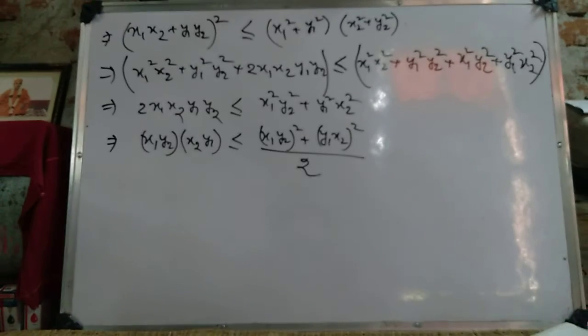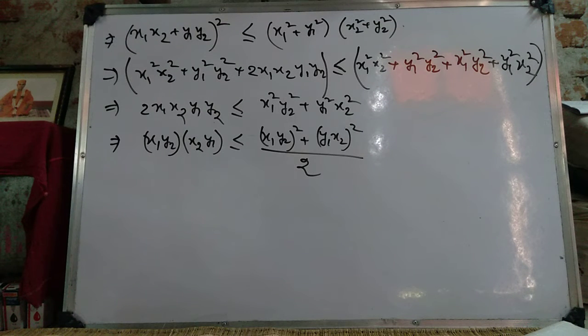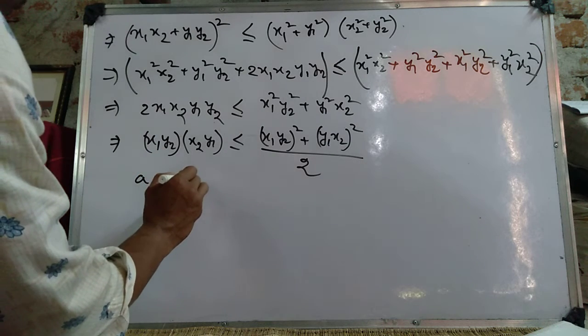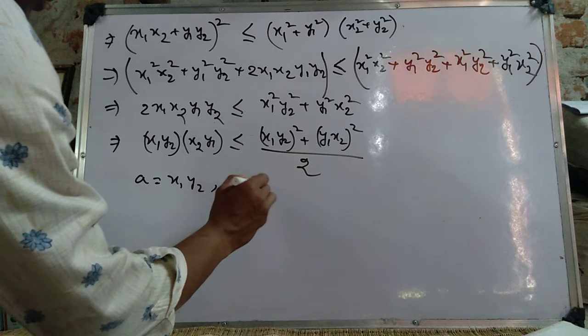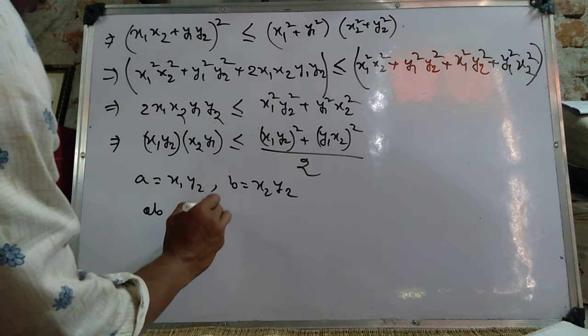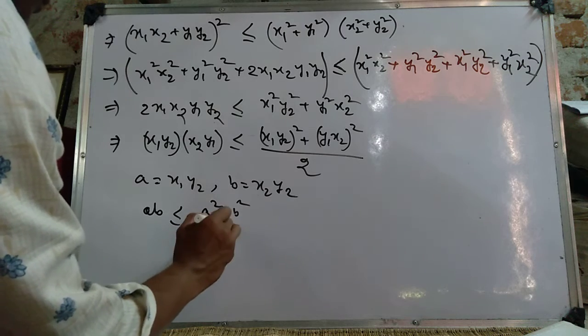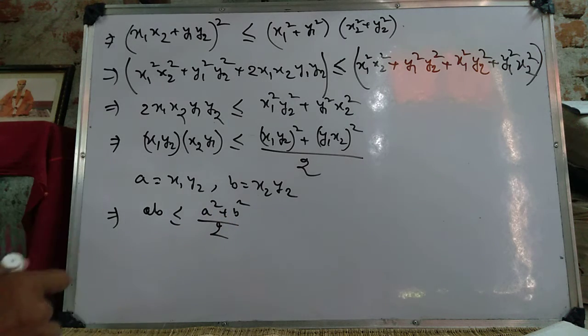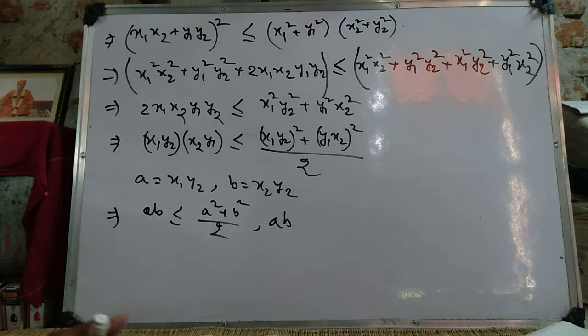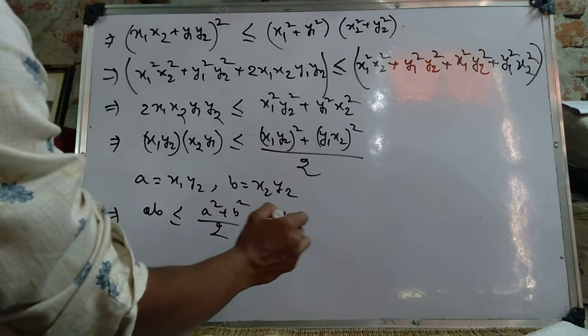Okay, then what do we talk about? We talk about and we get this result. Okay, this one equal to, so simple result. We also consider this one equal to a, this one equal to b, then this one is ab less than or equal to a square plus b square by 2, where a and b are any numbers.